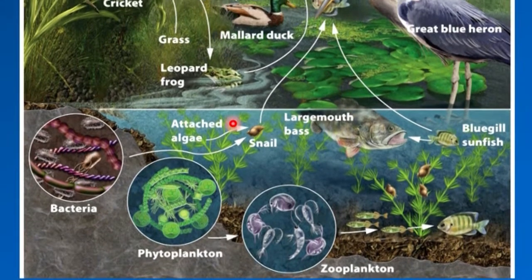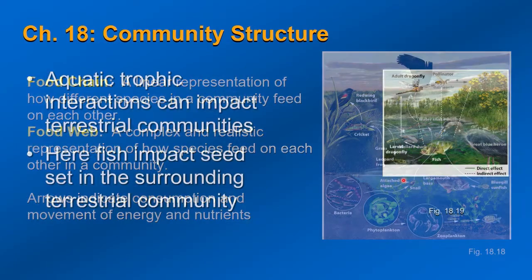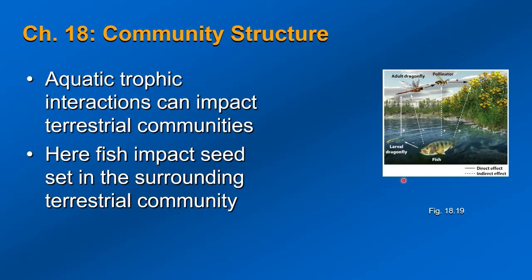Sometimes it's a food web that looks at, say, nitrogen flow or something like that. Okay. And this is an interesting food web, and trophic interactions, that I think is increasingly being demonstrated, if you will, and that is the impact of the aquatic system on the terrestrial.